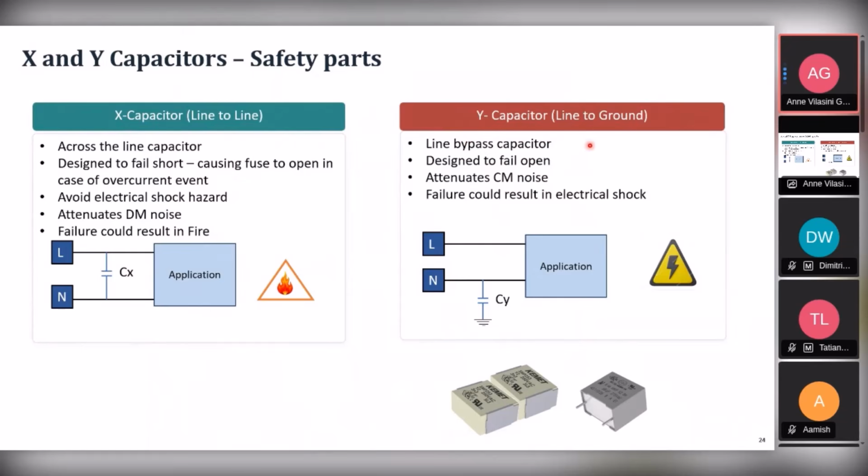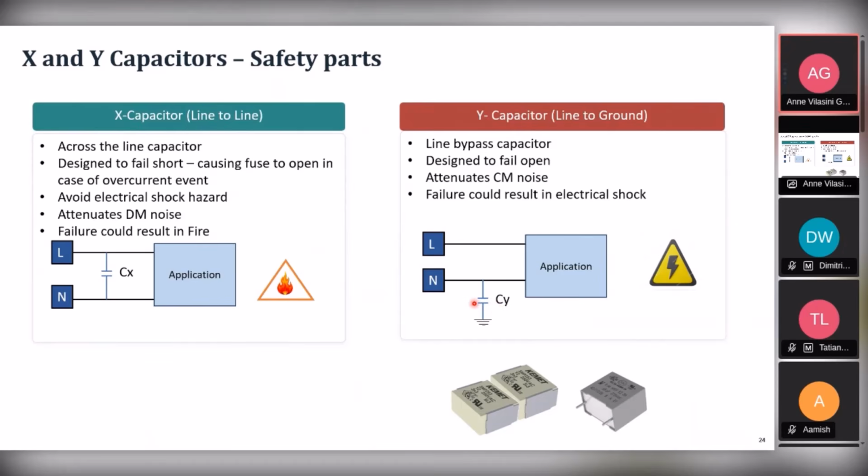And when we talk about a Y capacitor, it is connected between the line to ground and neutral to ground, to the chassis, and it is designed to attenuate the common mode noise. So this is designed in such a way that it is going to fail open.